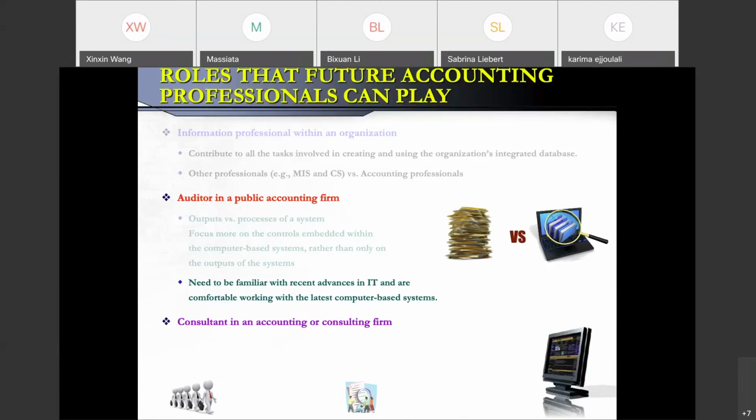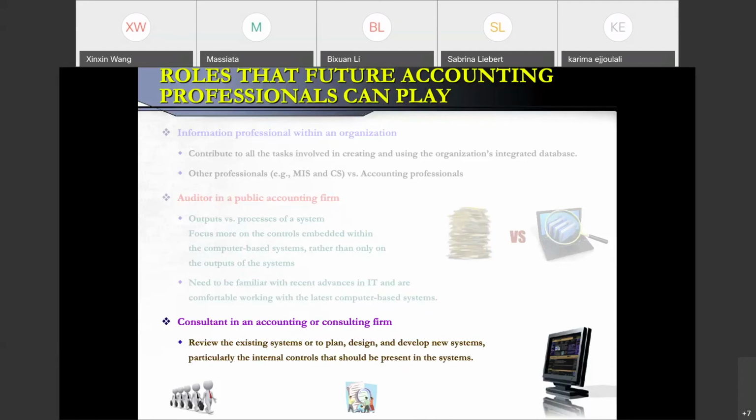And another accounting professional can be a consultant, right? It used to be my previous career. I wanted to be a consultant at Boston or McKinsey, because I hate repetitive jobs. That made me a very bad accountant, because I don't like to do the routine thing over and over again. I really do like accounting, but I also like to have a lot of challenge.